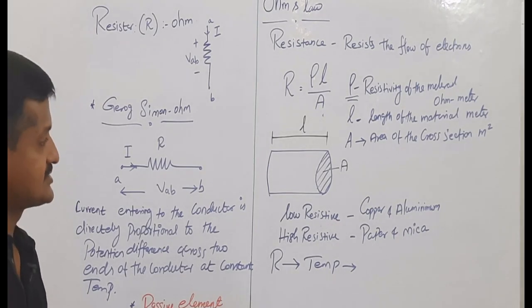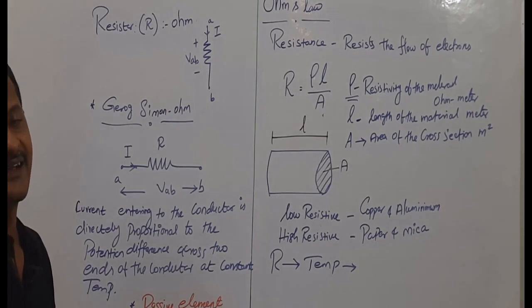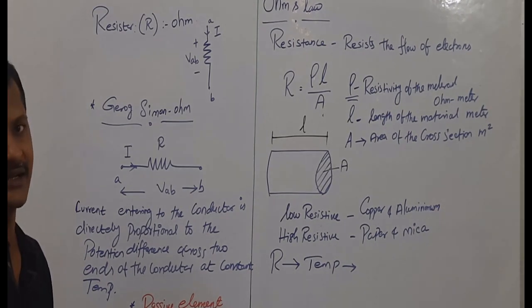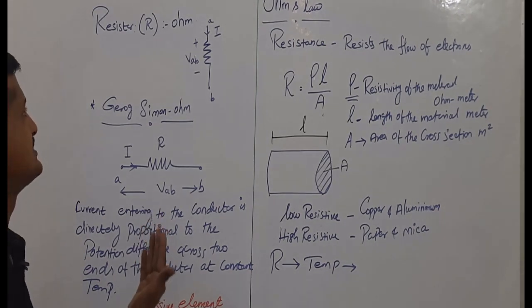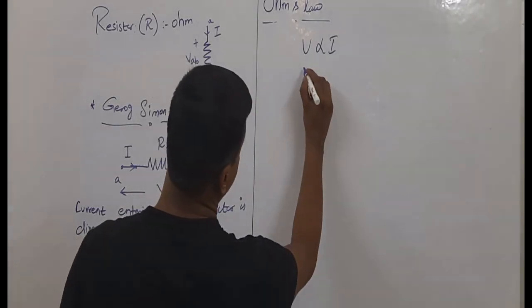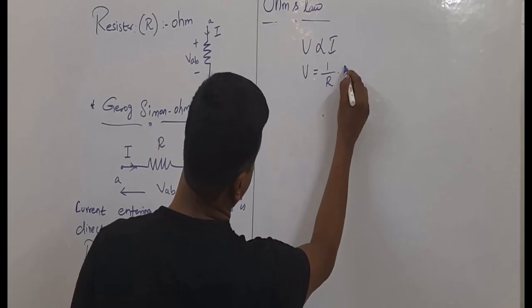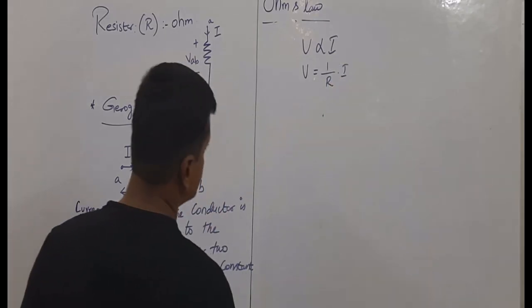Now next we are going to discuss conductance and conductivity. So this is the resistance, and we are introducing one proportionality constant.